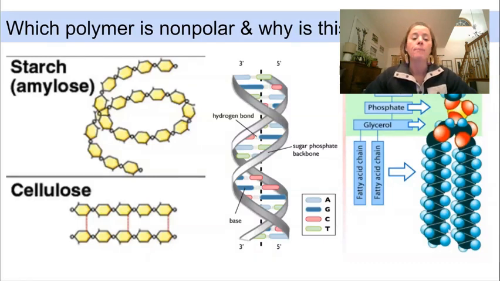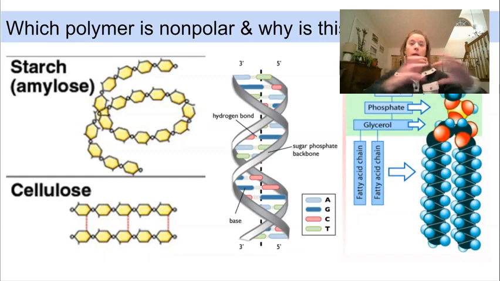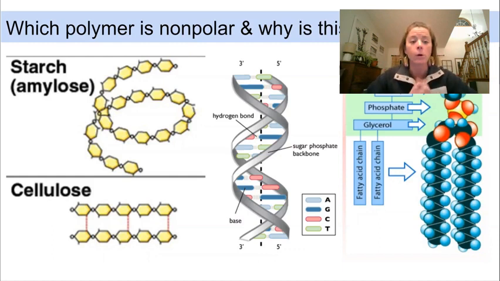Some of them are polar and some are nonpolar, and why that matters is: is the molecule going to be able to twist in on itself, or is it going to stay straight? Is it going to let other people near it? Is it going to keep people away from it? So polarity is a really important concept. As you look at these ones, give yourself a pause, see if you can figure out which one of those is a nonpolar molecule, and why that would be important.